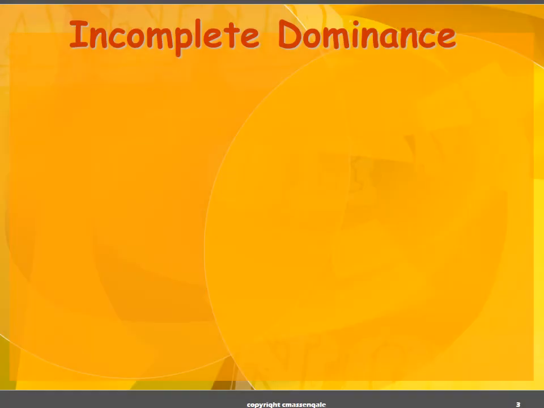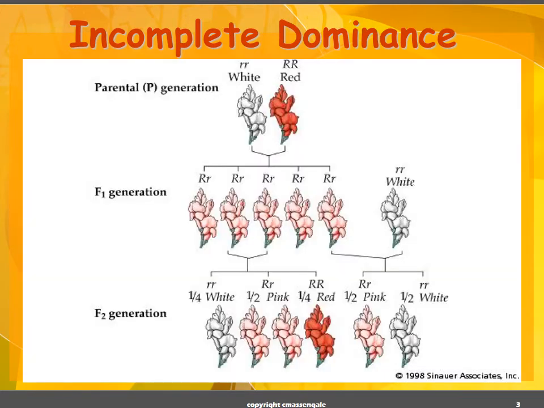If we have a look at this in a visual format, this is what we get. The parental generation is up at the top, and we can see we've got white and red flowers. We cross them, and all of the offspring will be heterozygous pink.